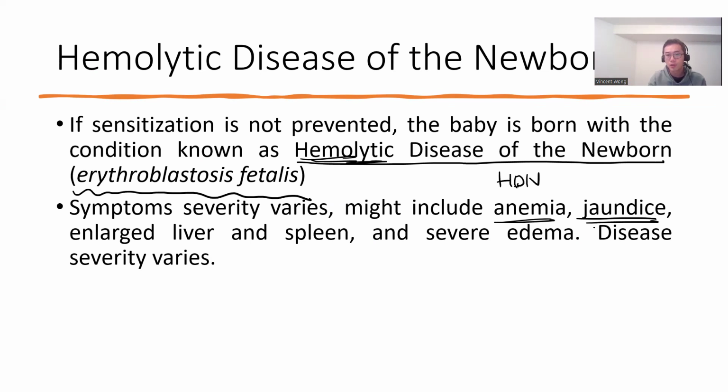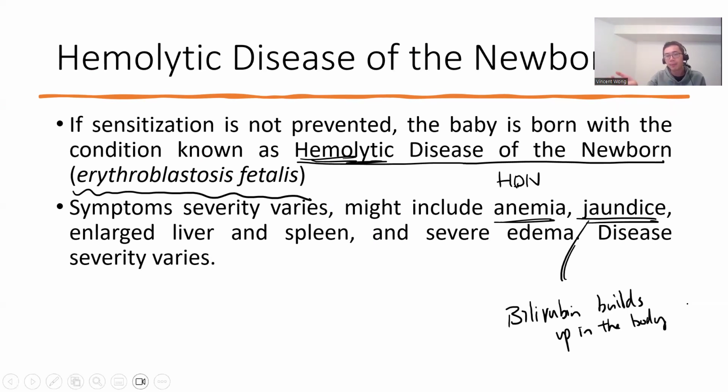Jaundice. Okay, jaundice is when you build up bilirubin, right? Bilirubin builds up in the body. Bilirubin is a byproduct that you get when you break down hemoglobin.